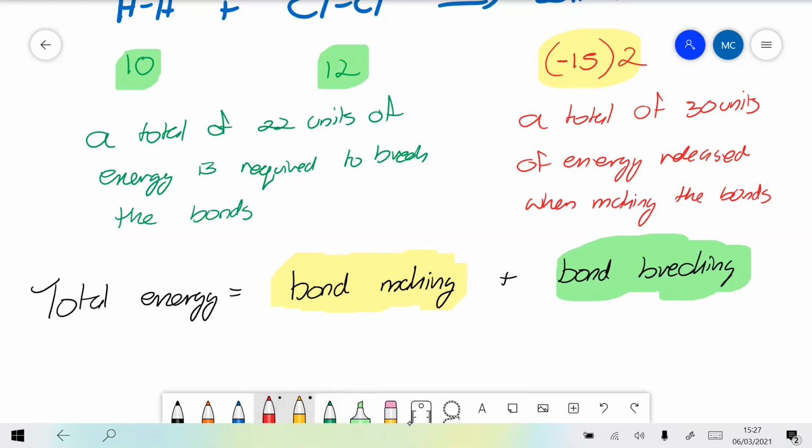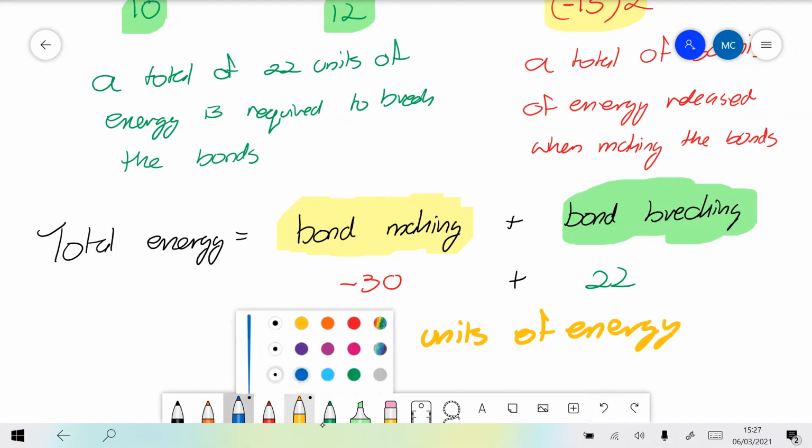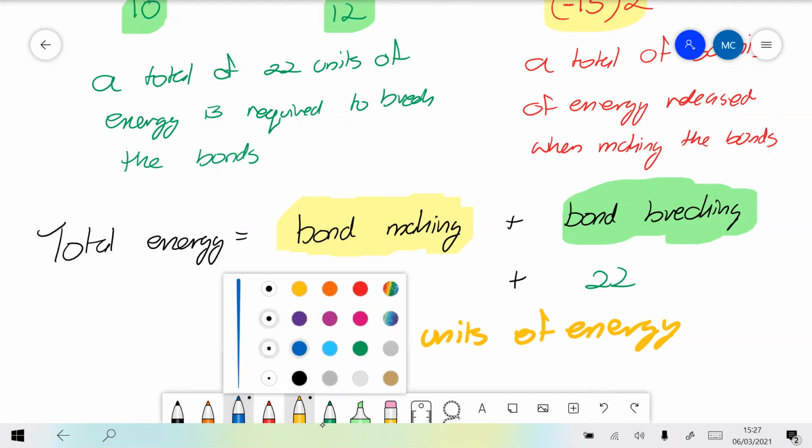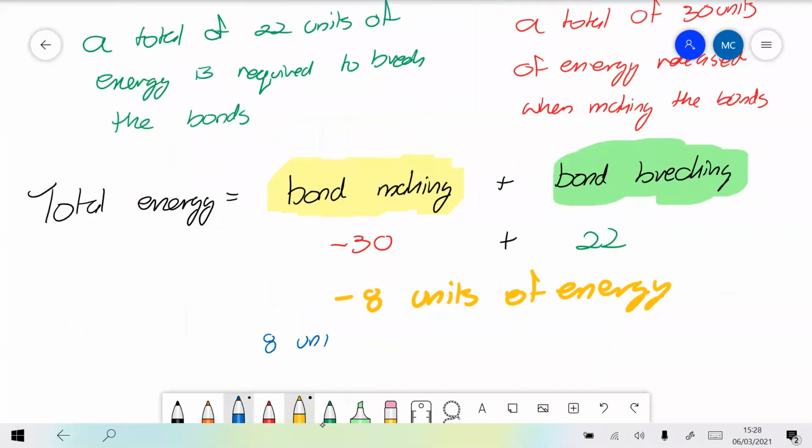So there you will have minus 30 plus 22. So this reaction will end up having minus 8 units of energy, or we can say that eight units of energy have been released.